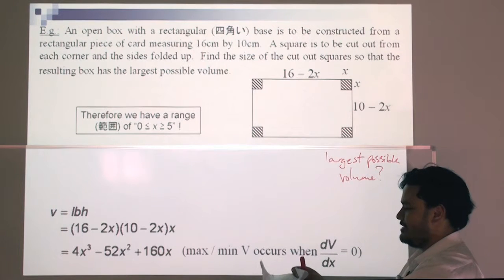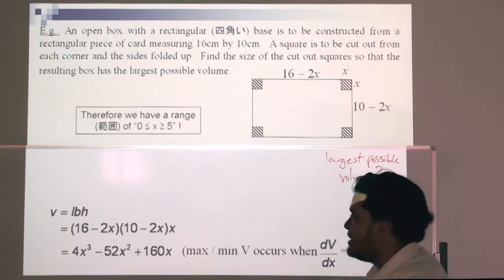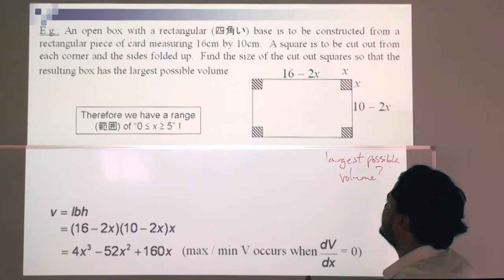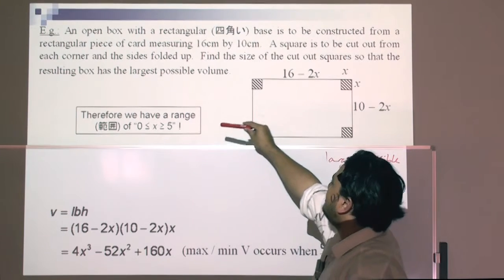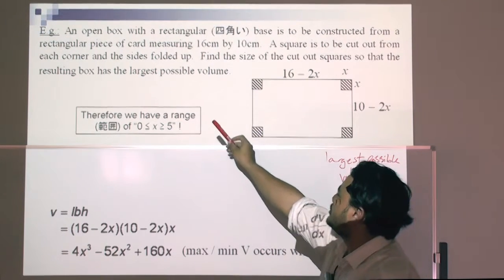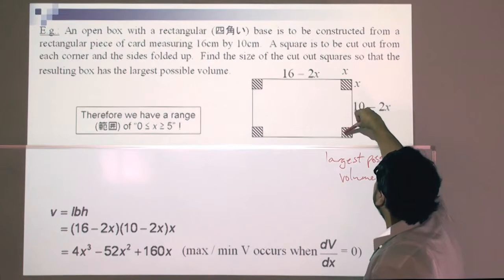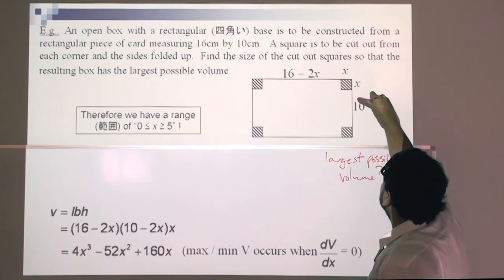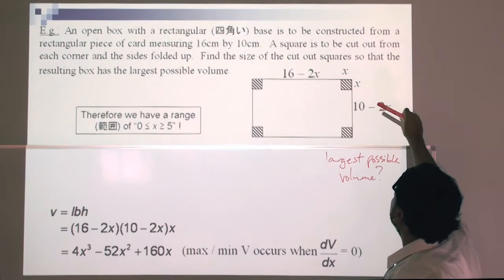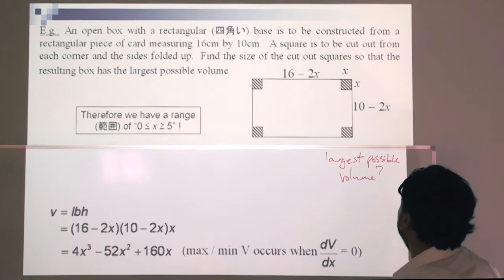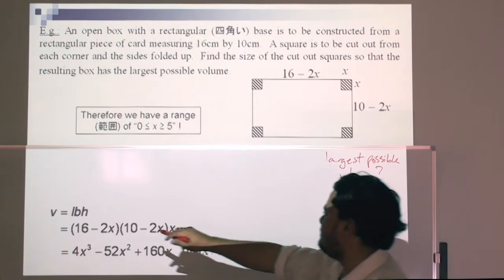Therefore, what we notice is that we have a range of x being between 0 and 5. You can't cut all the way here, and you can't go all the way here. 10 minus 2x.